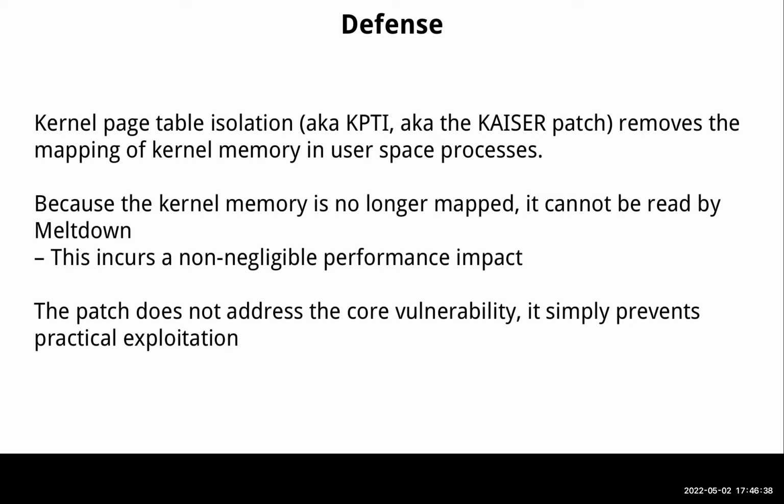Another defense at the system level is called kernel page table isolation. Basically, previously a process was mapped to the kernel memory for performance reasons. Now we do not map it.